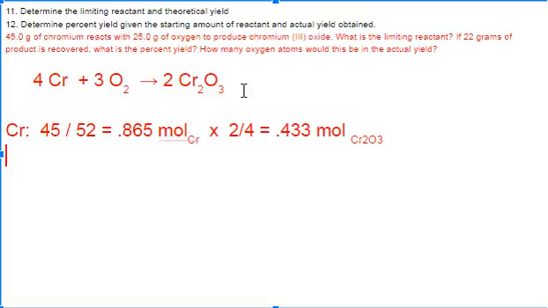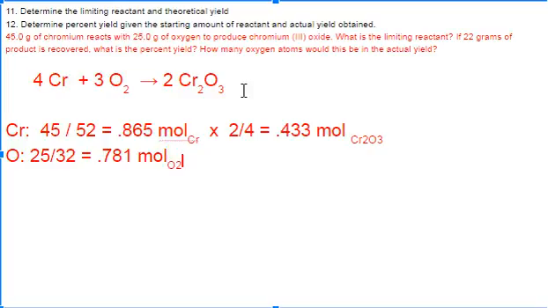And in comparison with the oxygen, I guess I better leave it up here. I'm going to need the space. The oxygen is 25 grams with a molar mass of 32 grams per mole. So this is 0.781 moles of oxygen.